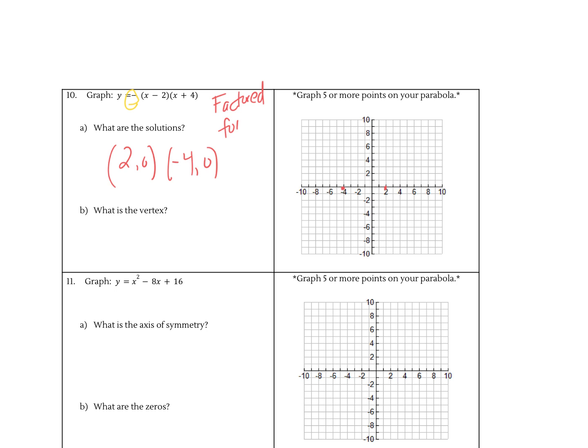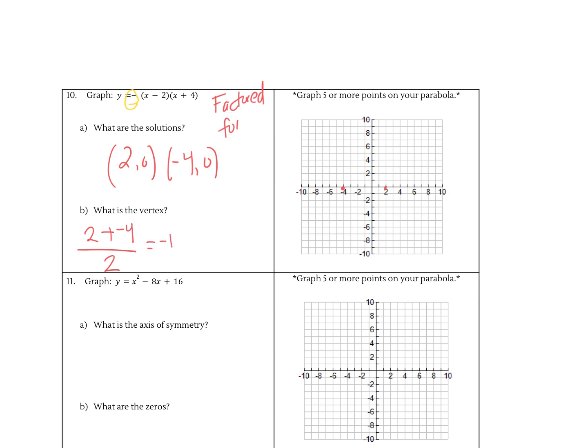It asks us what is the vertex. We can look at the vertex by saying if I have 2 as an intercept and -4 as an intercept, if I take the midpoint or average of those, I'm going to end up with -2 divided by 2. That's going to give me -1.